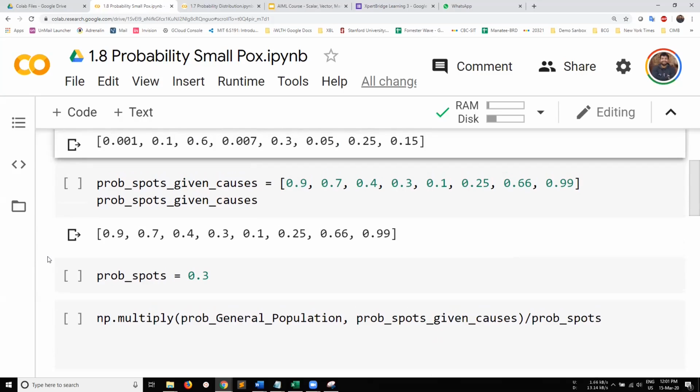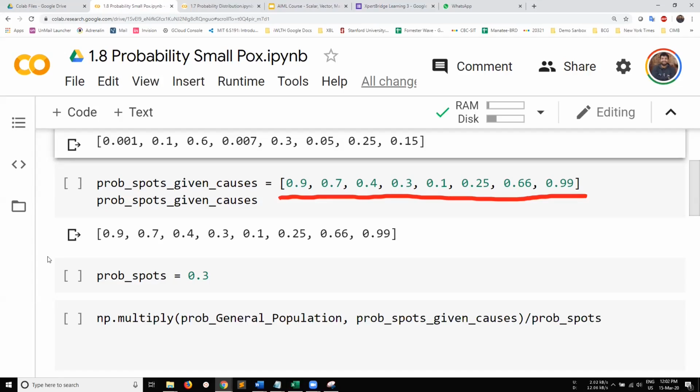Similarly, the next question that we had to ask is: what is the probability of appearance of the spots given that we know the cause, or given that we know what the disease is. These were the numbers we had used even when we were computing it in Excel.